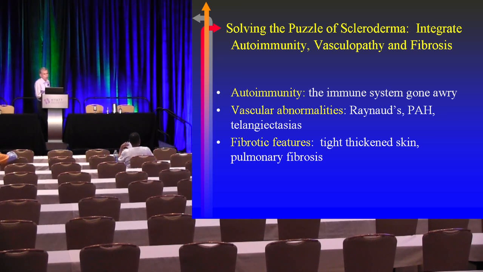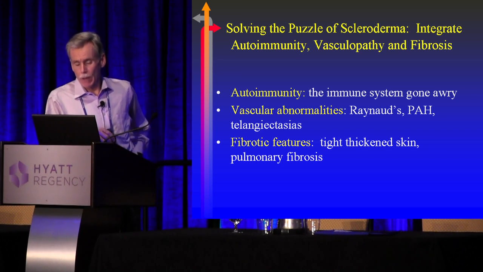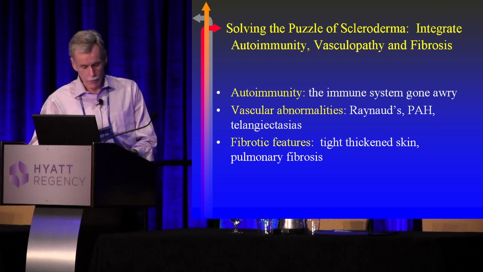We do see rarely pulmonary hypertension in lupus. And you can see Raynaud's in both lupus and rheumatoid arthritis, as well as other autoimmune diseases. So I'm not trying to suggest these are completely unique to scleroderma, but they are much more common in scleroderma than virtually any other autoimmune disease. And as we'll see, autoimmunity itself is really the immune system gone haywire or gone awry.